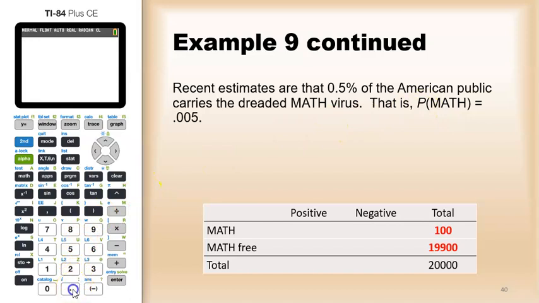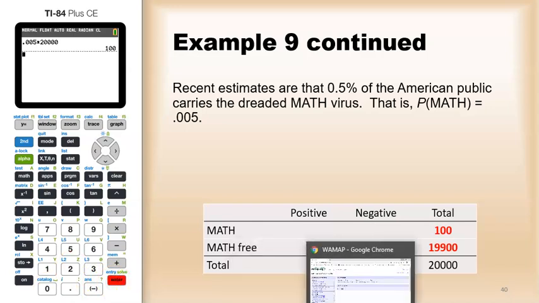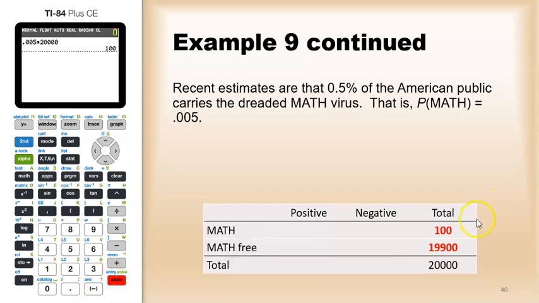So if I go 0.005 times the total number of people, the 20,000, I find 100 people. So the total of those who have the math virus is 100 people.